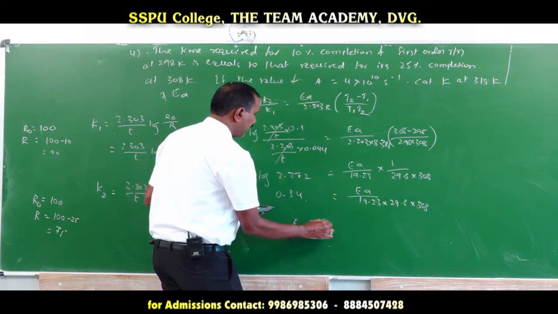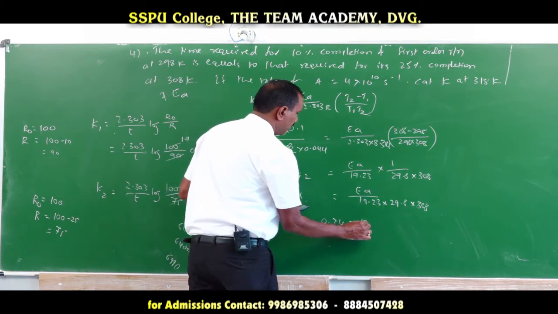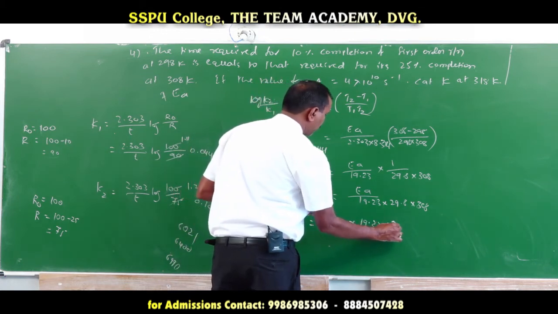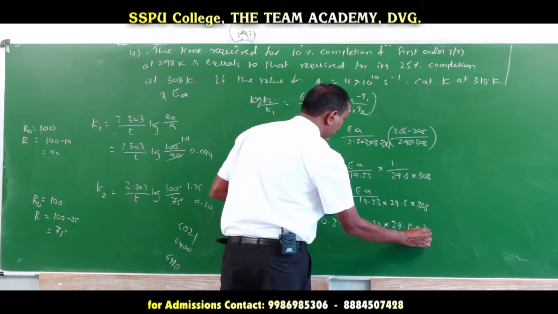A equals 0.34 into 19.23 into 29.8 into 308.